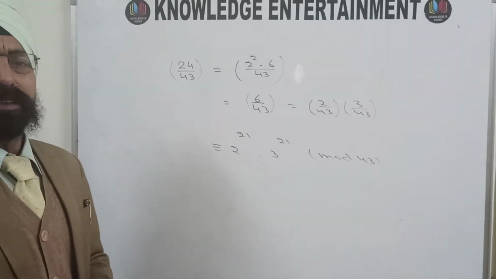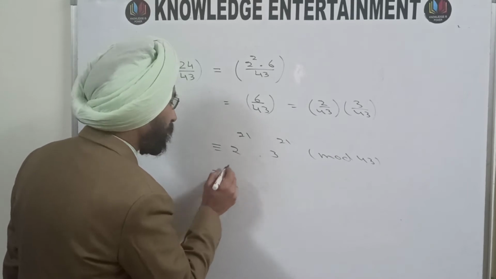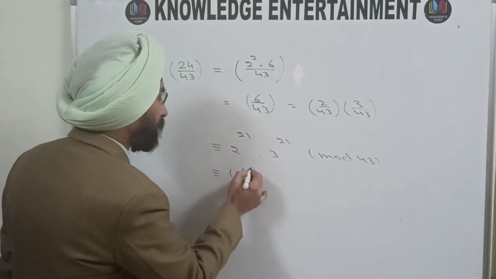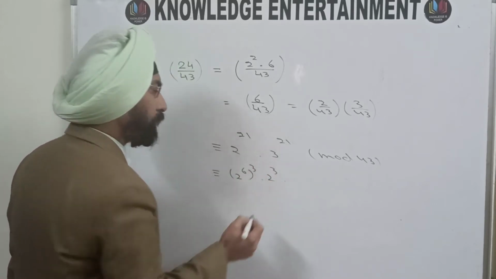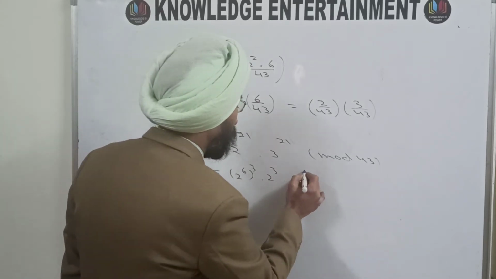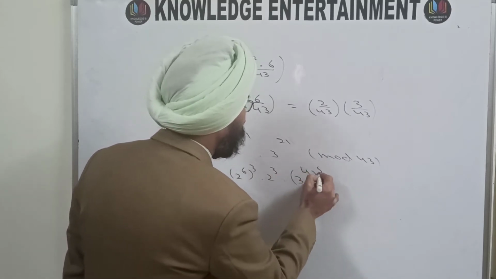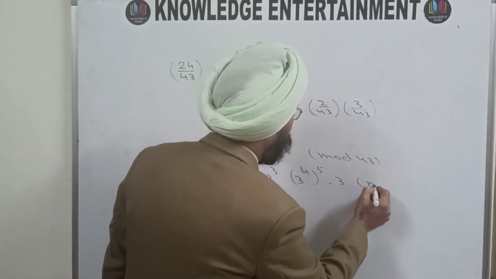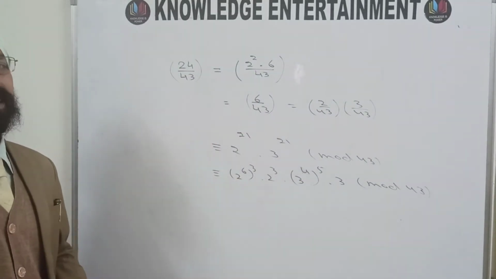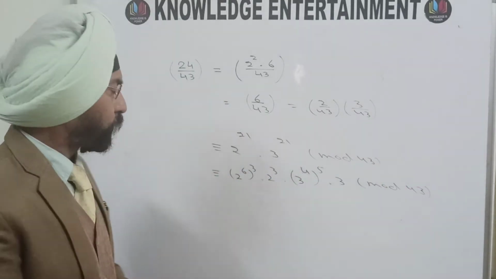And now it can be very easily solved in simple steps. Suppose 2 raised to the power 21 is 2 power 6 to the power 3 into 2 cube. Similarly, here you can have 3 power 4 to the power 5 into 3 modulo 43, just to simplify. 2 power 6 is 64, and 64 when divided by 43 will give you the remainder 21.